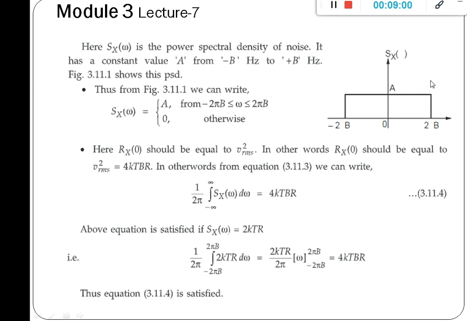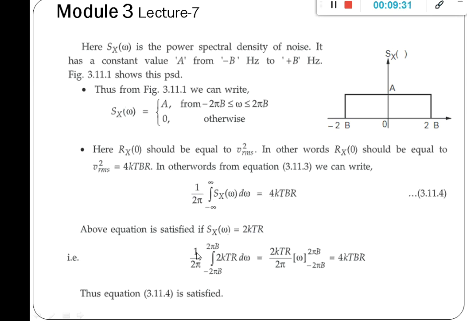The thermal noise has the same amplitude over the duration we are going to consider, so the above equation is satisfied when Sx of omega is equal to 2kTR. Means when the value of Sx of omega is 2 times k times T times R, only then this equation results in this value.